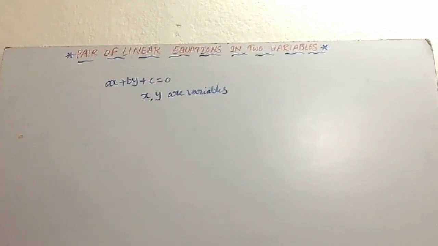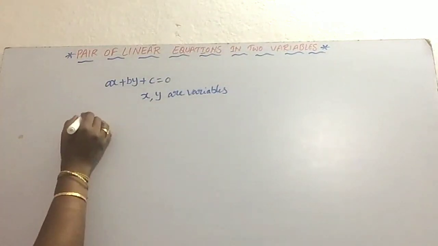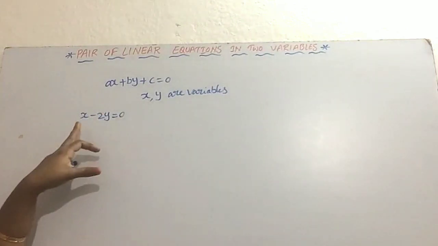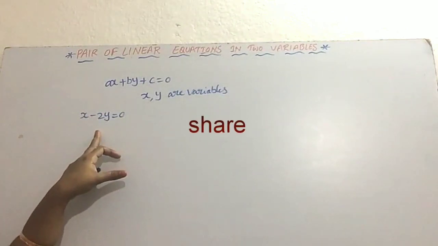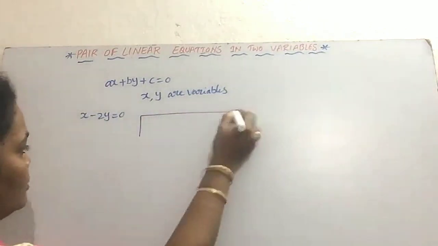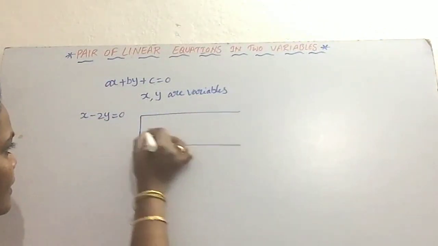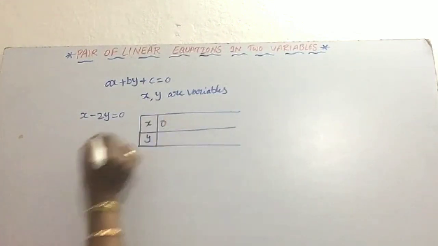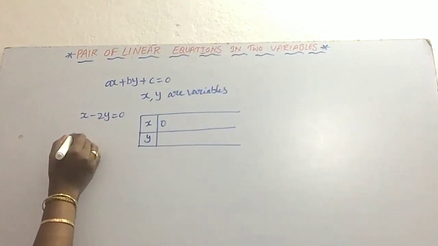Suppose I take the equation x minus 2y = 0. This is a linear equation. Suppose x = 0, then what is the value of y?